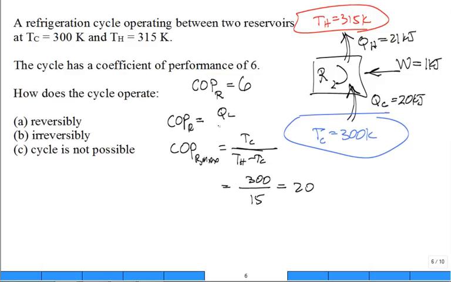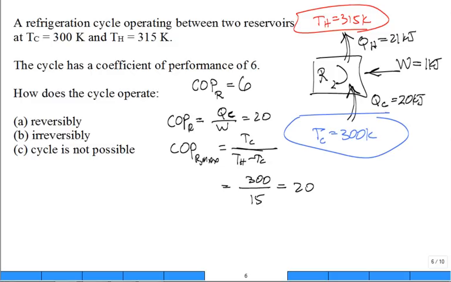Cooling. I want to cool things down, divided by what it costs. That's what I have to supply. So if that number is 20, then if I supply a work of 1, I could remove a QL of 20, meaning I have to throw away to a QH, I switch between L and C, sorry about that, you have to throw away 21 kilojoules. Does this all make sense?